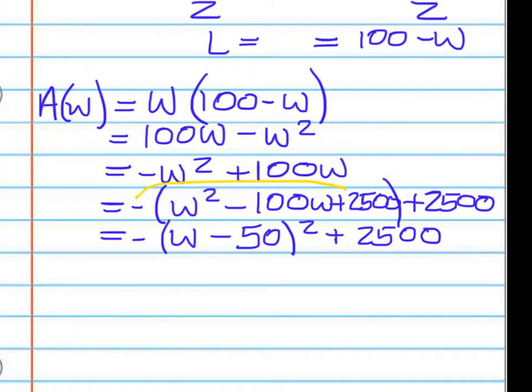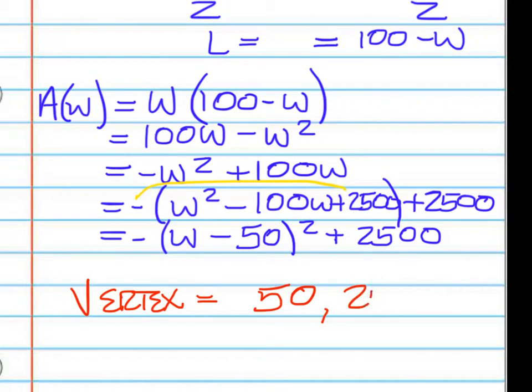And from that you can get the vertex. The vertex will be 50, 2500. And remember, the 50 is the width and the 2500 is the area.